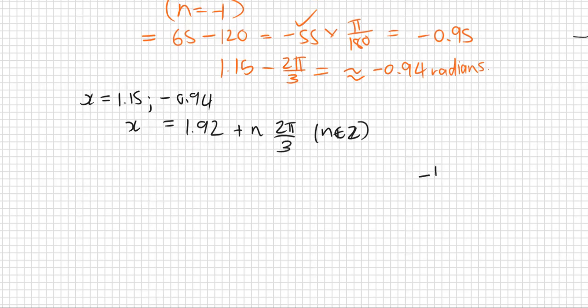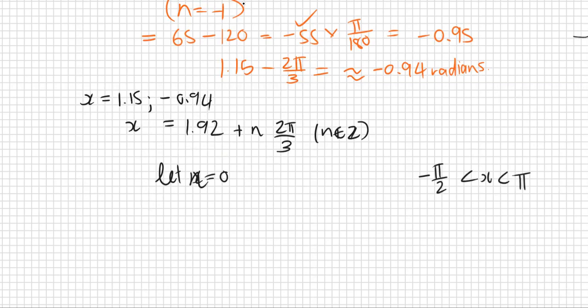And we're going from negative pi over 2 all the way to pi. So 1.92, if we let n equal 0, then we just have 1.92, and 1.92 is between negative pi over 2 and pi, because pi is equal to 3.14 something.